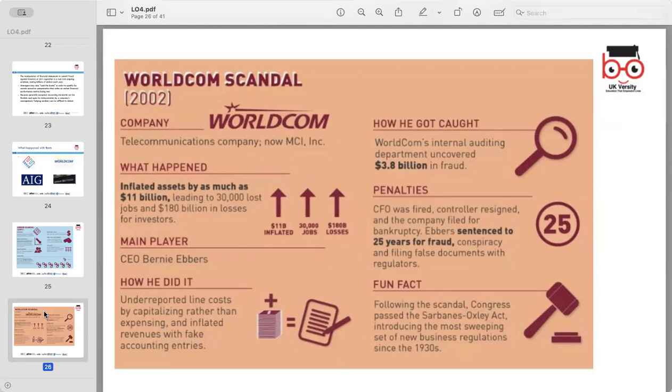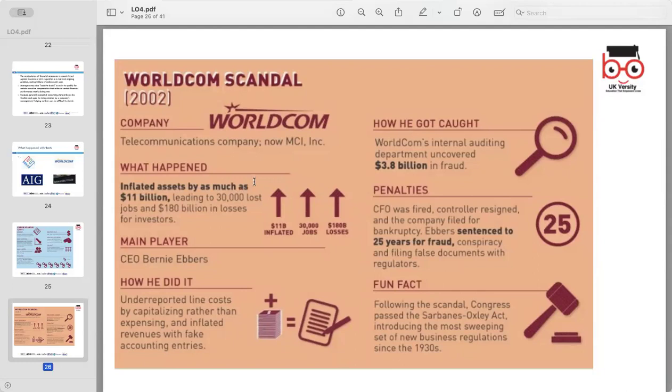All right. So anyway, the next one is the WorldCom scandal. In 2002, the telecommunications company inflated its assets by as much as $11 billion, resulting in 30,000 job losses and 180 billion in losses for investors.